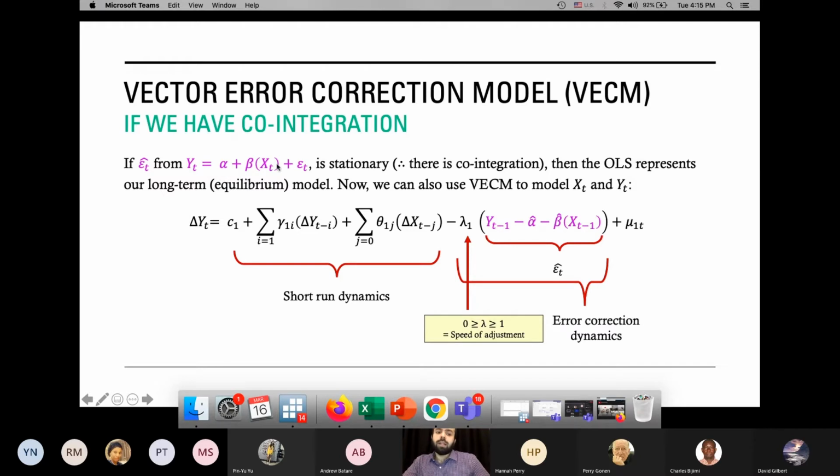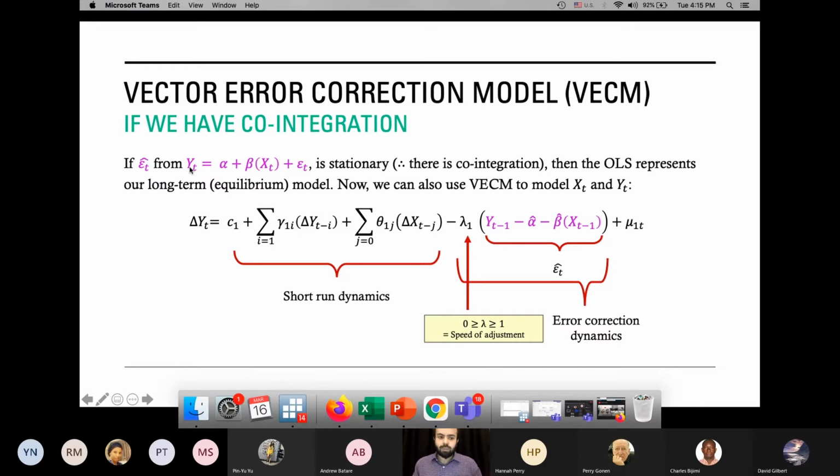We would say that in the long term, in the equilibrium, if xt is a certain value, then by plugging that into the equation, xt multiplied by whatever beta is plus alpha would give us the approximate value for yt. So they do have a long-term relationship.